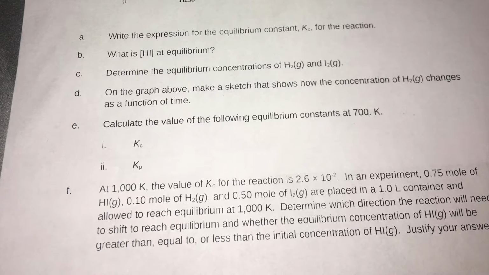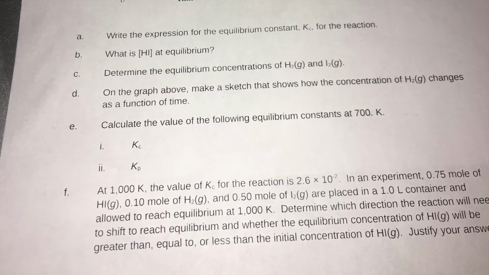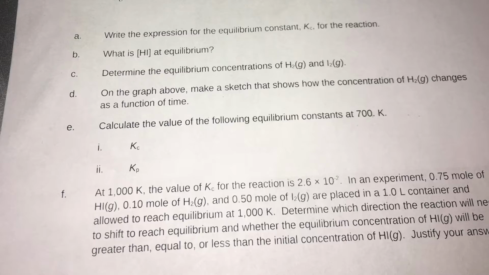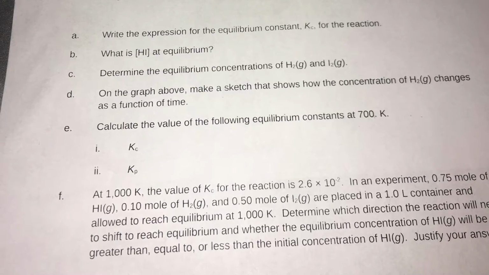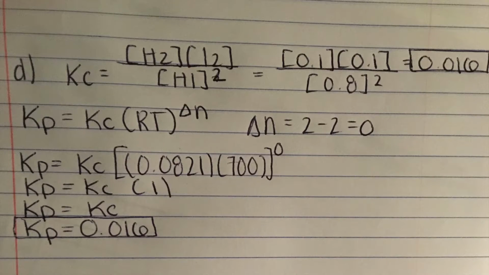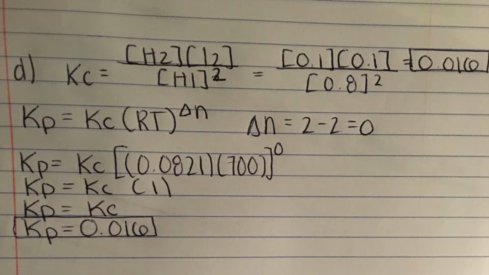Part E asks to calculate the value of the following equilibrium constants at 700 Kelvin, Kc and Kp. Kc, the equilibrium constant of concentration, equals the concentration of the products over the concentration of the reactants, with any coefficients in the chemical equation given written as exponents.